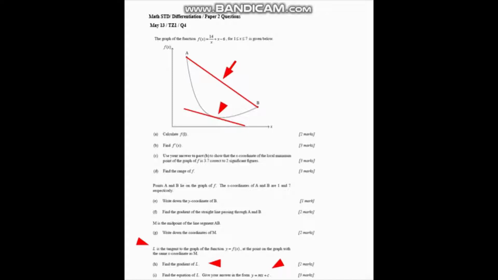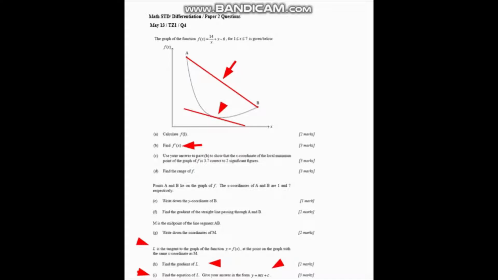So this depends on my knowing the x coordinate. In order to find the gradient of the tangent, I shall simply plug the x coordinate into f dash of x, and this shall get me the gradient. Then in order to find the equation of L, I need the gradient and the point.